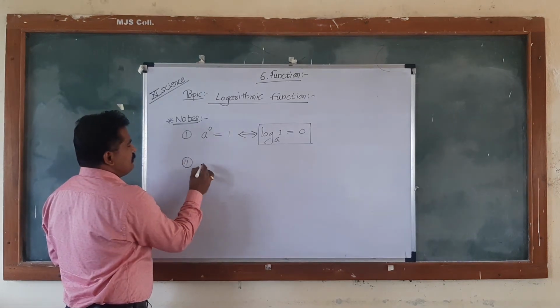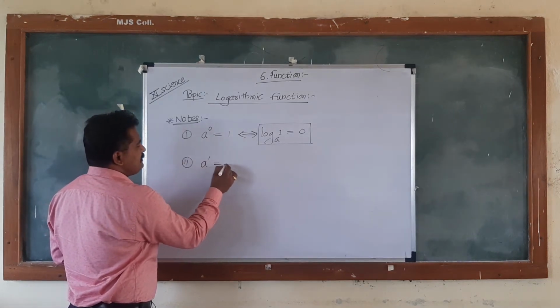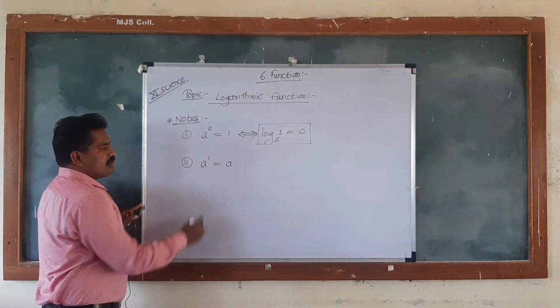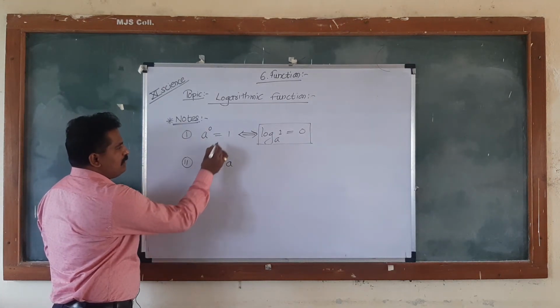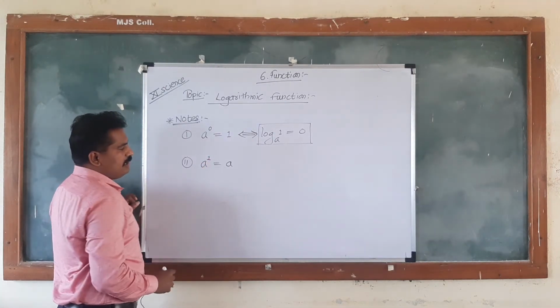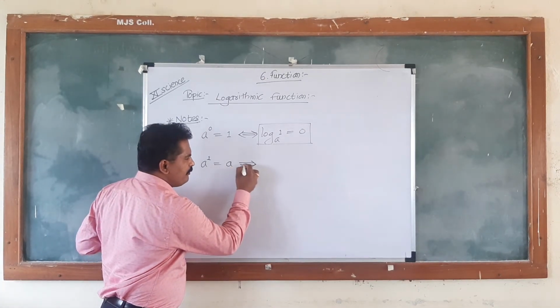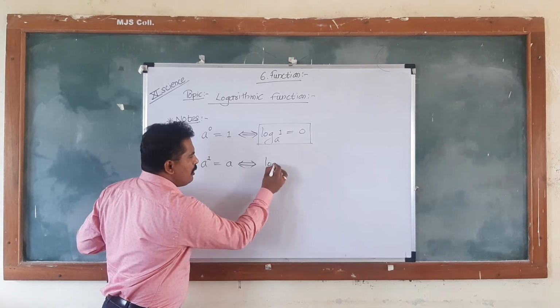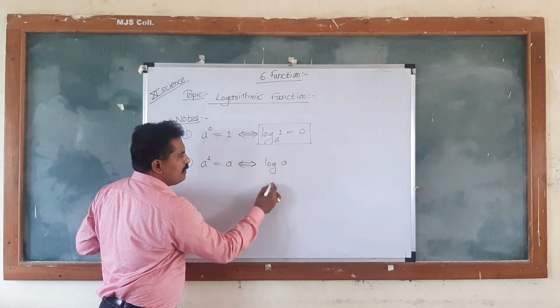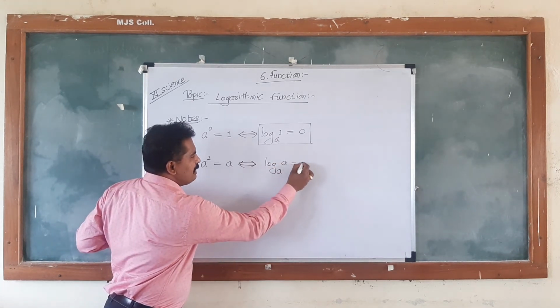Second, a raised to 1 is equal to a. Therefore, by the definition of logarithm, log of a to the base a is equal to 1.